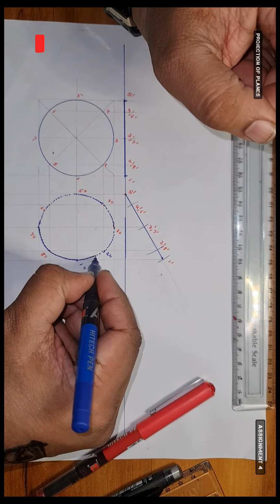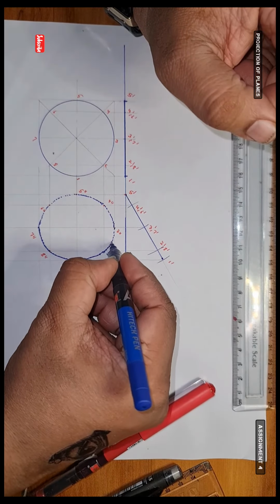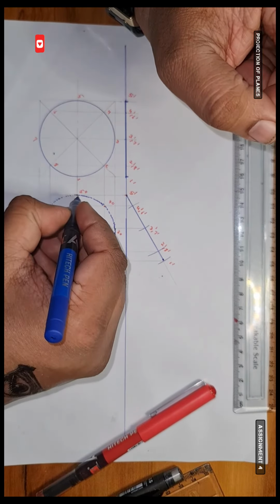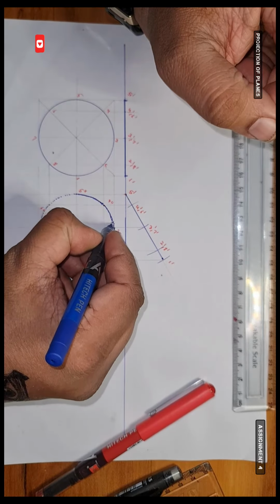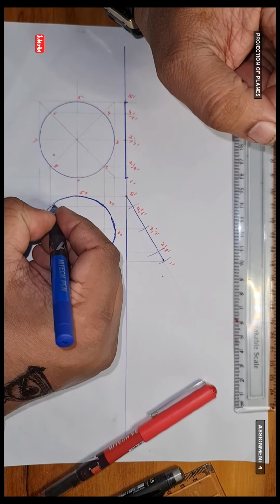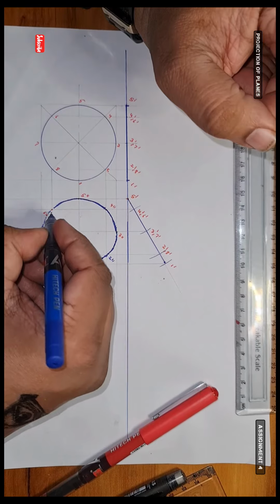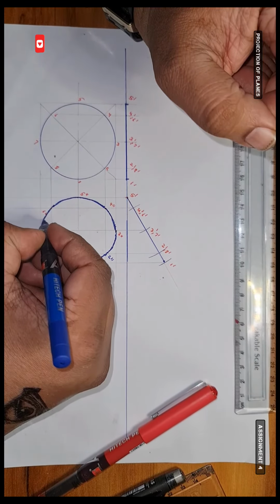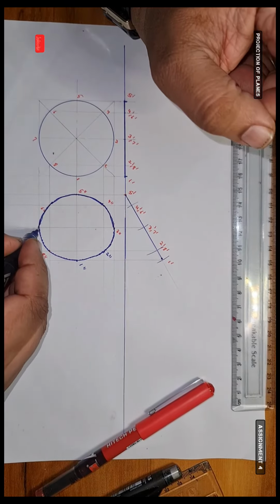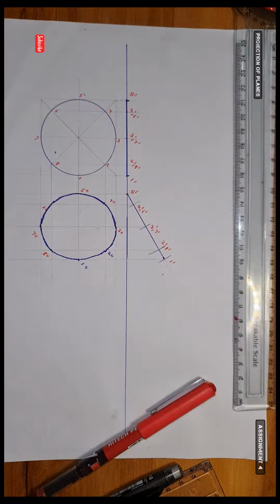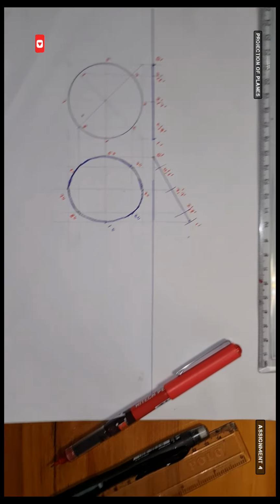You need to make it continuous, this ellipse. Add an arbitrary shape so that you have to make with the freehand drawing, freehand joining of this point, and you will get this ellipse.